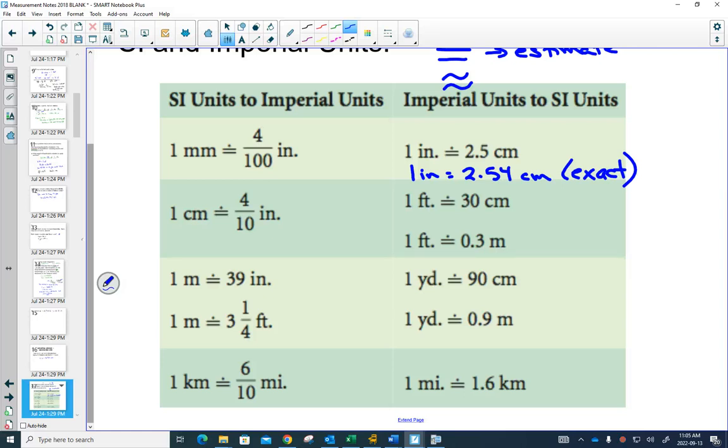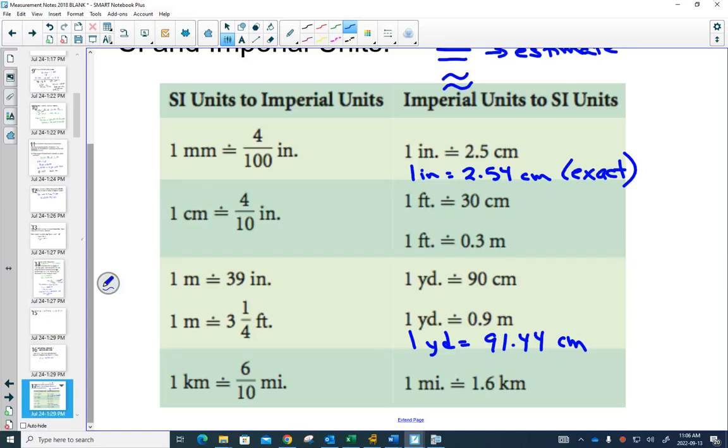So we can write these ones in that are on your formula sheet. 2.54 centimeters is exact. So when we're doing our conversions, if we need to be very precise, then we should always use one of the ones that's exact.